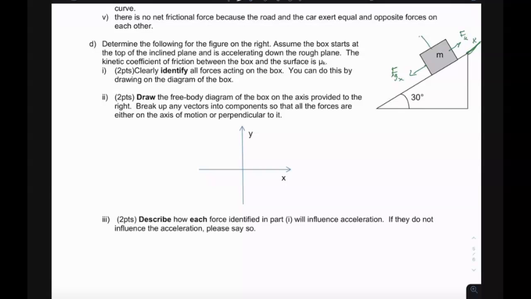We have the normal force acting in this direction. And we have the weight acting vertically down, and it has a y component opposite the normal force equal to mg, or F sub g, y.